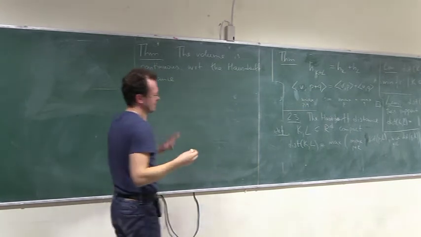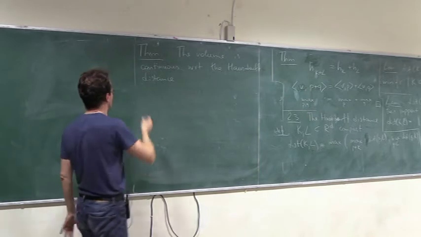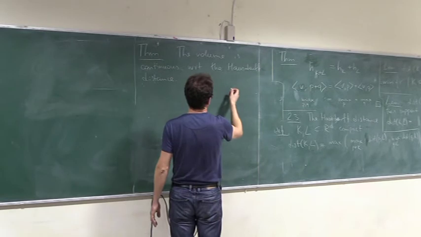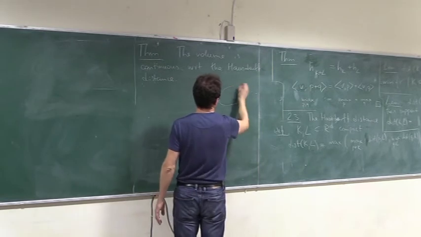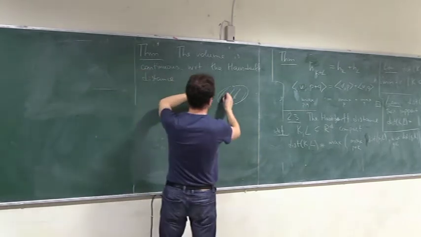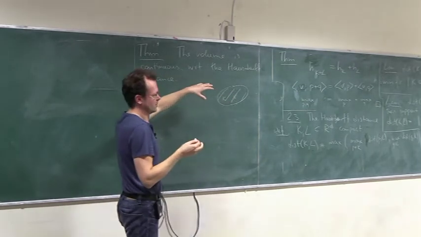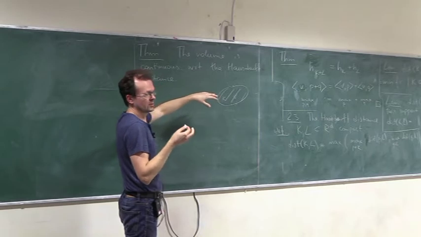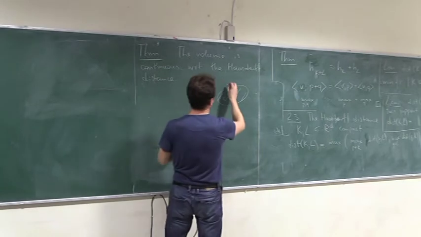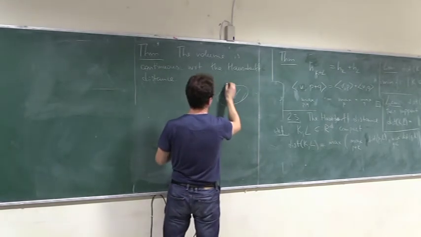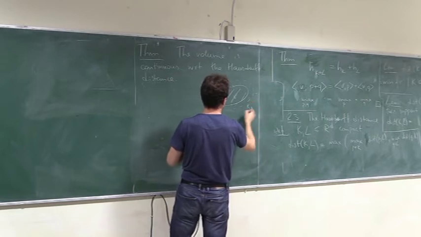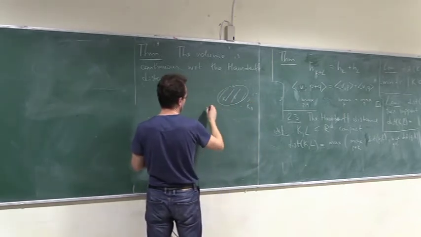Well, the proof is a bit technical, and I just don't want to spend time on that. But somehow, if this is a body K, so this is now some hand waving, and I take any L at a distance at most delta, then this L must be contained in the delta neighborhood of K. We must show that.